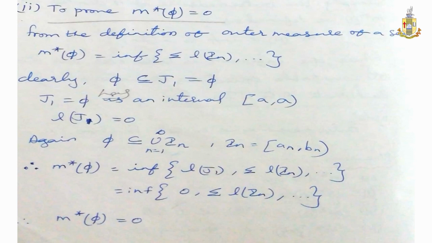So again, phi is contained in or equal to the union of In, n varies from 1 to infinity, where In is an interval of the form closed [an, bn). Therefore, m star of phi is equal to the infimum of L of J1, summation L of In, etc. So this L of J1 will be replaced by 0. And taking the infimum of 0, summation L of In, etc. will give the result as 0. Therefore, we are getting m star of phi is equal to 0, which proves the second portion.